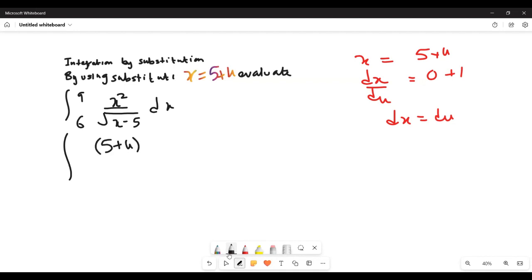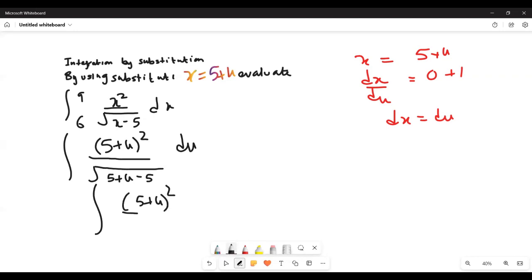And square root x minus 5 is 5 plus u minus 5. And dx gets replaced with du. So we have 5 plus u square upon square root u du.